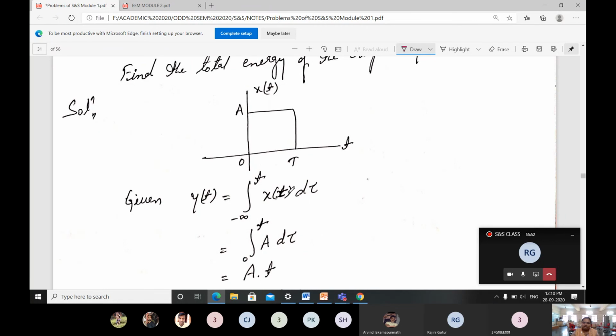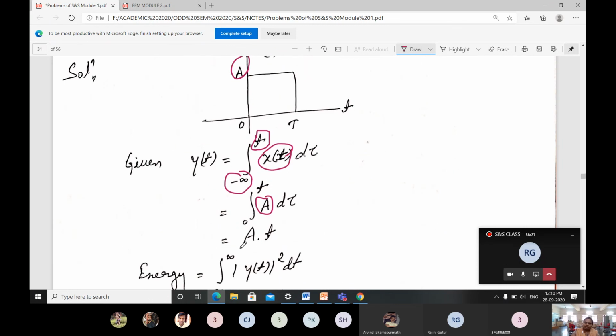The amplitude here is given as A. For that reason A into d tau. What is the time range? 0 to t. Here it will be 0 to t only, because we don't change the 0 to capital T. Remember this: the integration is going to change from minus infinity to t, but we don't have any signal from minus infinity. For that reason it varies from 0 to t. If I integrate, I will get A into t. A is a constant value.